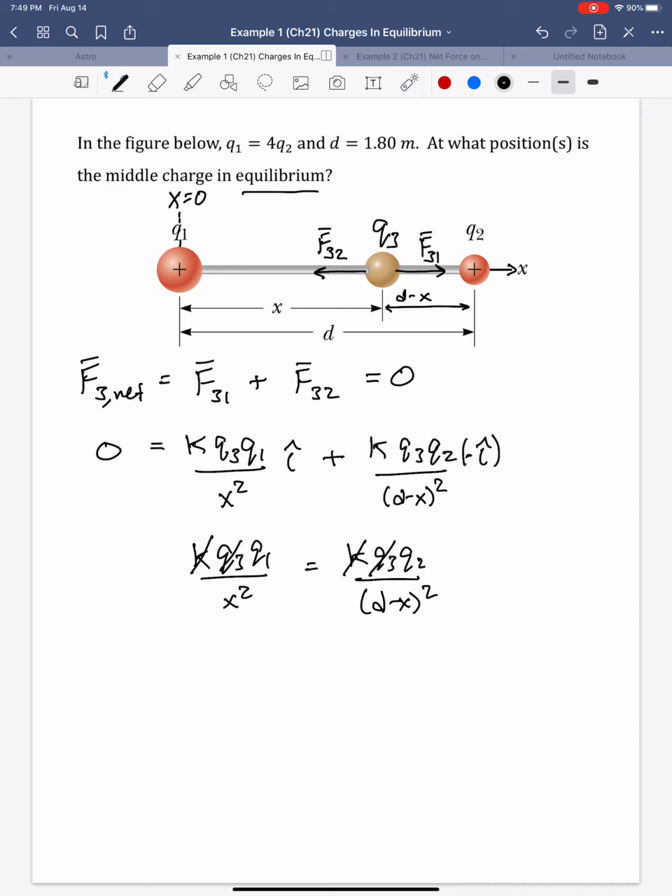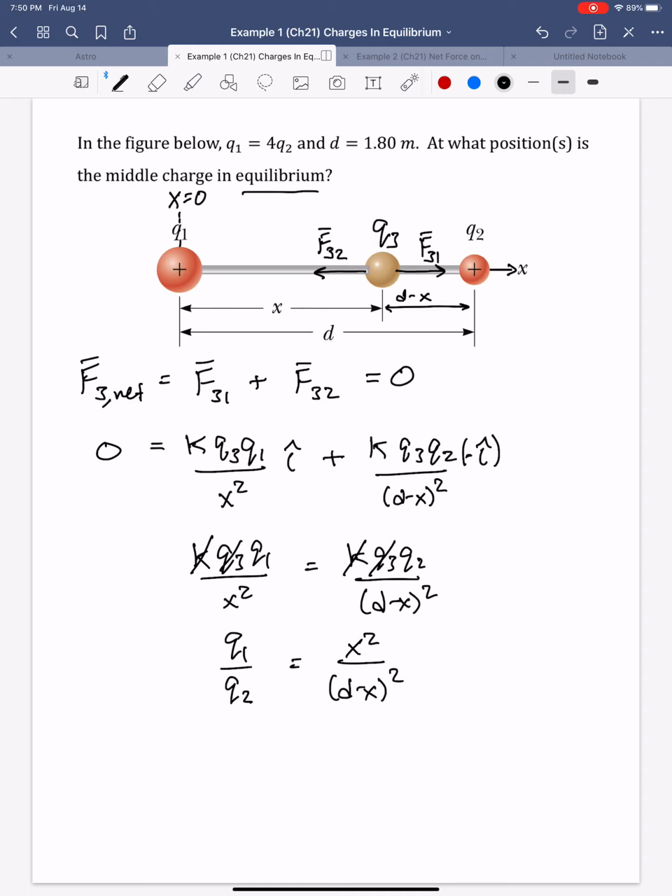What are we trying to solve for ultimately? We want to solve for x, the unknown value x in terms of the given distance d. Now it's just a matter of cross-multiplying and solving for x. I'm going to keep the charges on the left side, so divide both sides by Q2 and bring the x squared to the right, which gives us this.